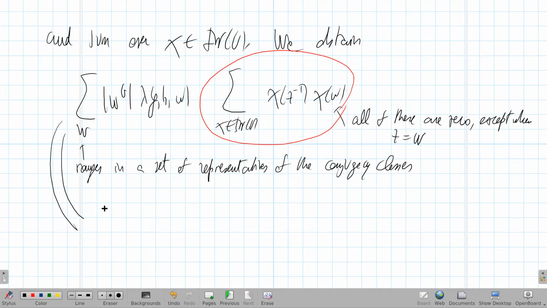What we will have is lambda of Z times the order of the centralizer when Z is W. These are the second orthogonality relations, or other orthogonality relations.